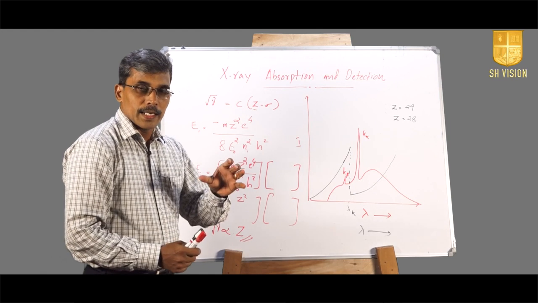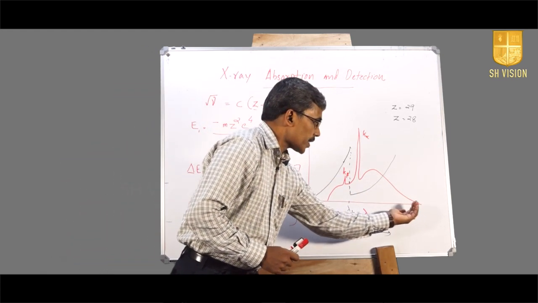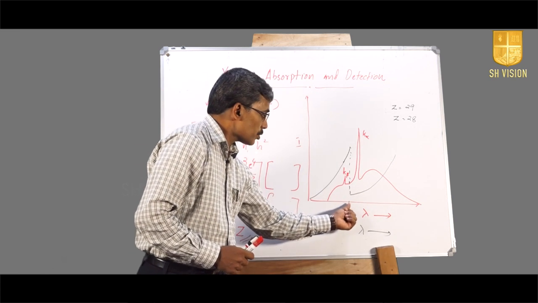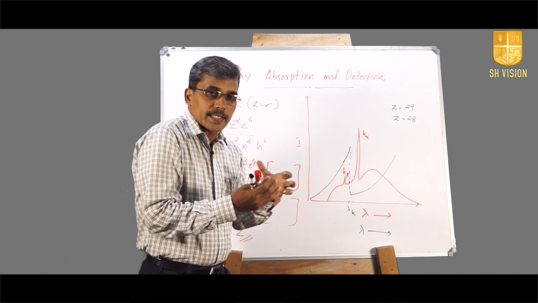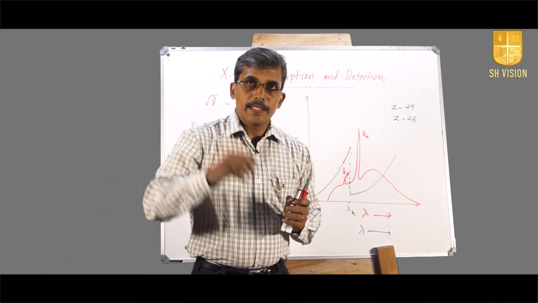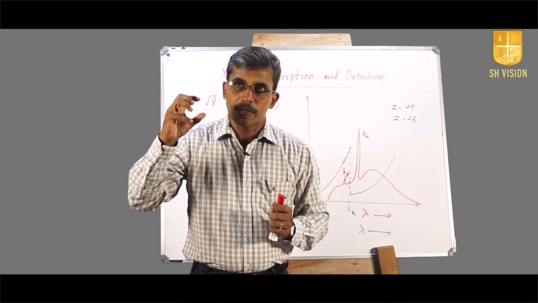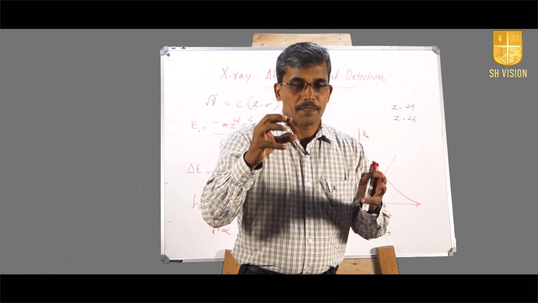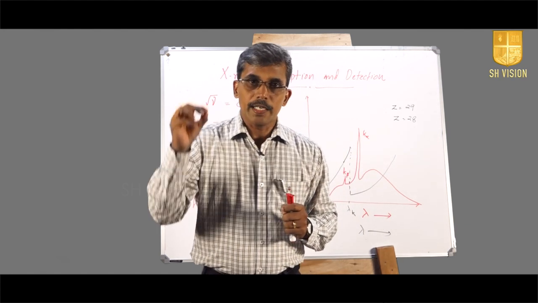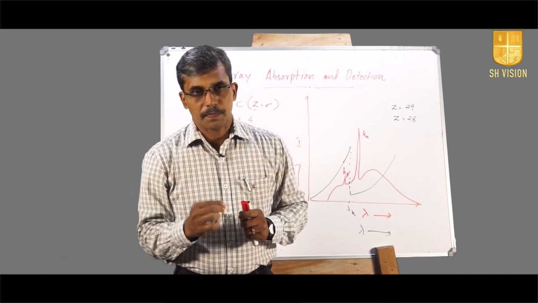So, when we analyze this graph, if the energy of X-ray increases, when it comes to a particular energy or particular wavelength, suddenly this X-ray is absorbed. In our X-ray tube discussion, we found that in X-ray production, a high speed electron having sufficient kinetic energy, when it interacts with an electron in the K orbit, knocks that electron out.